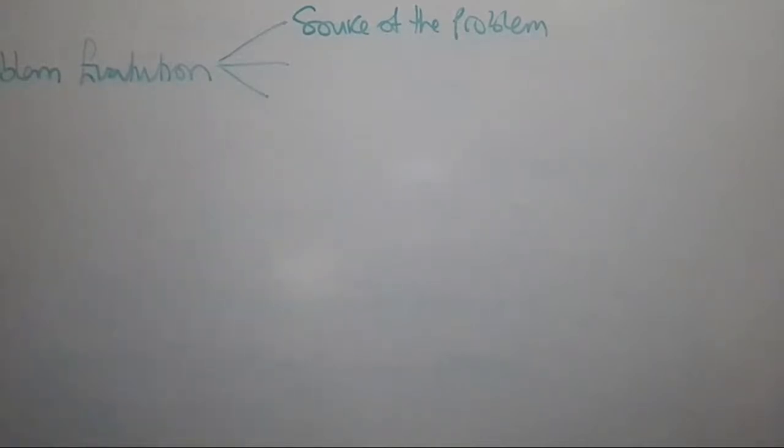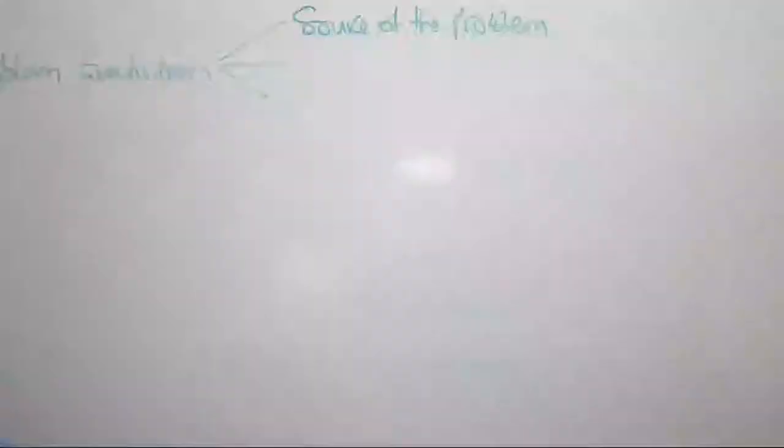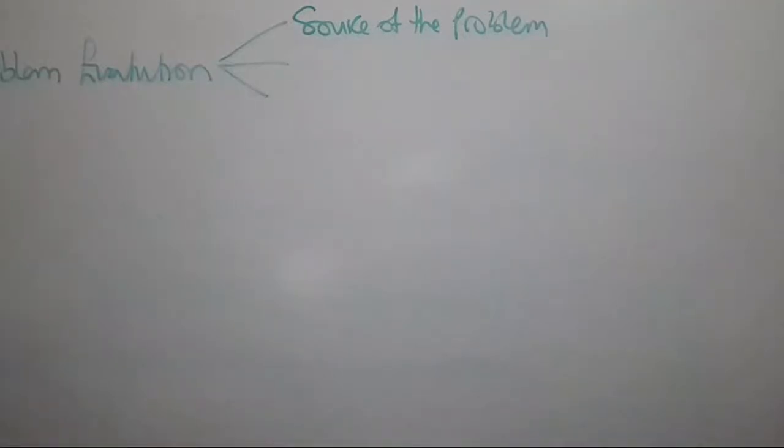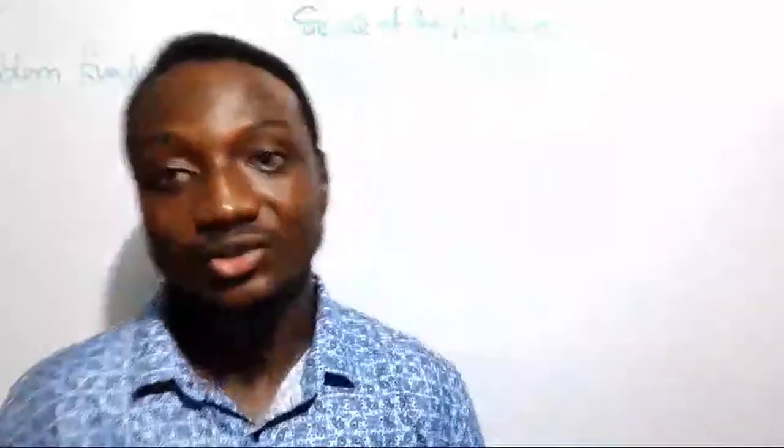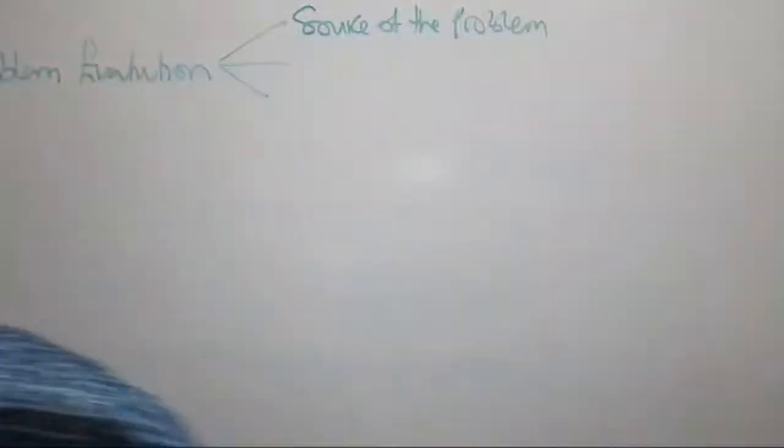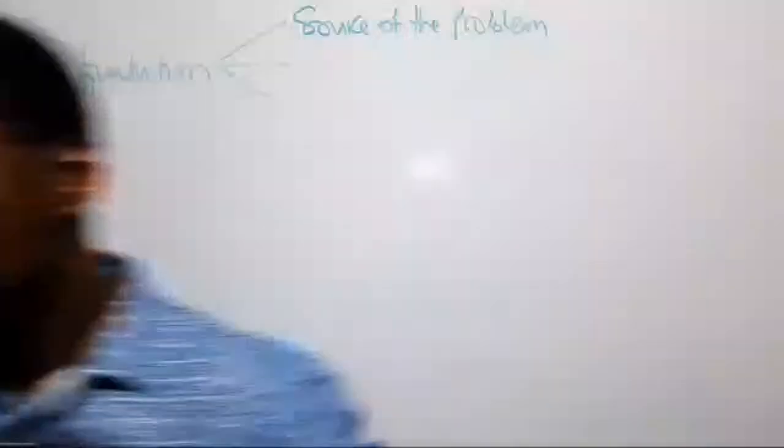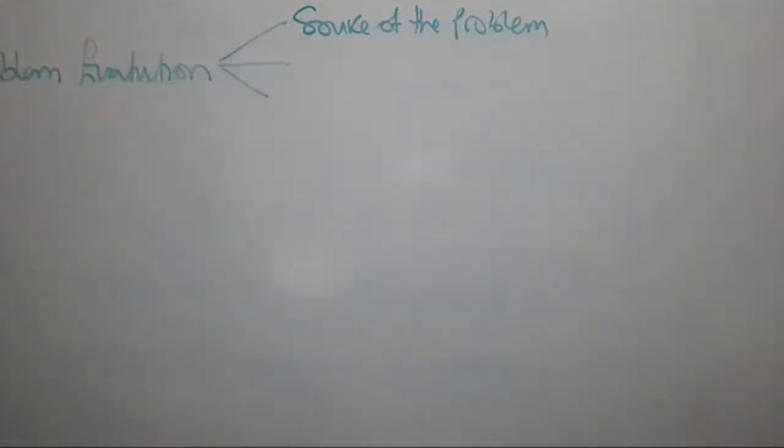These are answers you'll probably get from the source of the problem. Is it as a result of we just launched a new branch? Could it be as a result of we just launched a new product? Could it be as a result of failure of an existing branch? And so on and so forth.